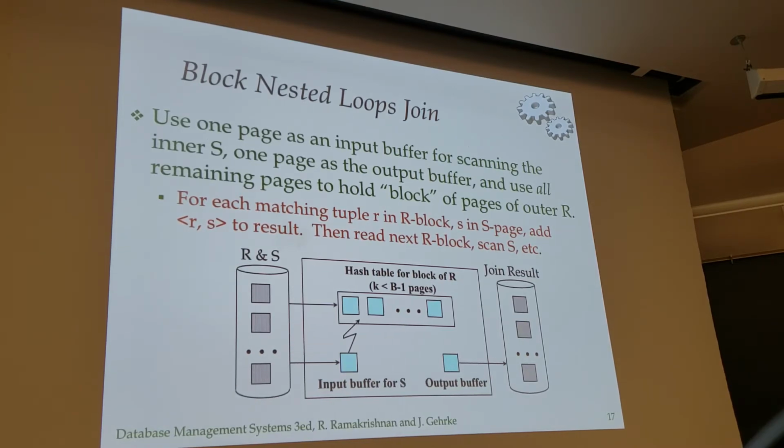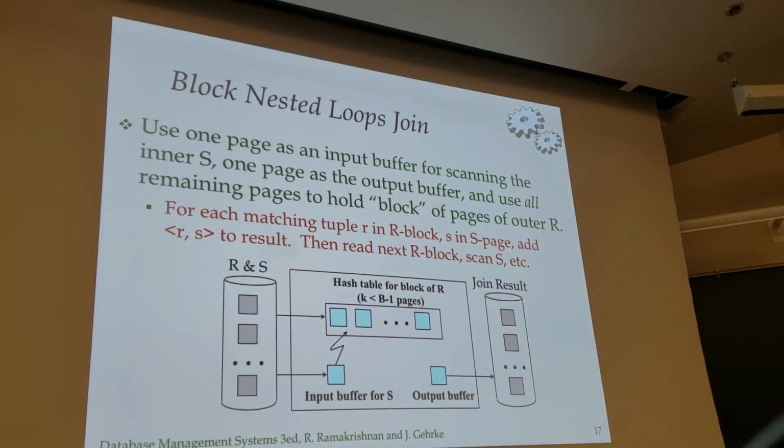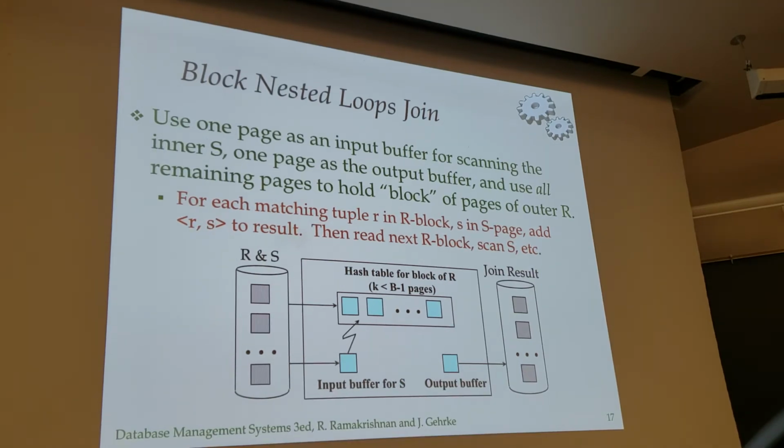No. You go to the next block of S. One by one, you're going through all the pages of S, all the blocks in S, using that same hash table that had the first B minus 2 pages of R in a hash table. It's a little extra overhead to make it a hash table, but basically you're dealing with the matching things that you found inside.